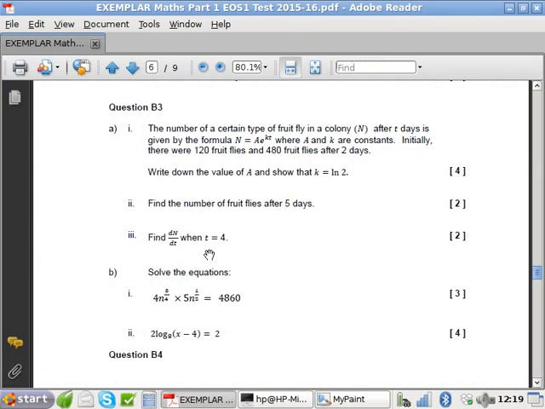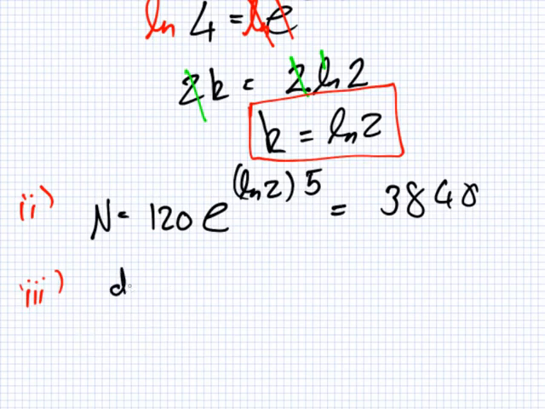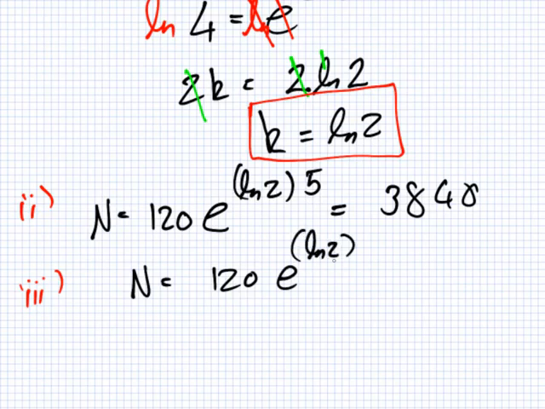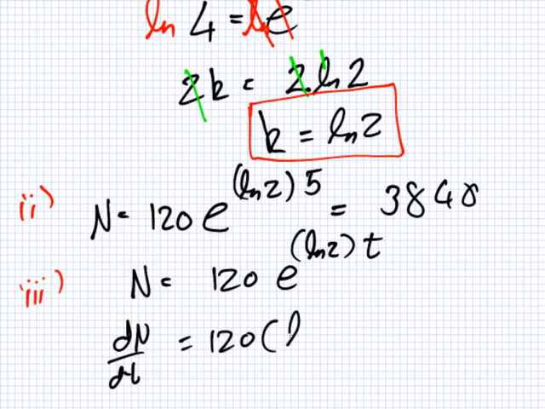Find the derivative when t is 4. So n equals A e^(kt). For the derivative, if you look up your rules, all you do is bring the k down in front. So that's 120 log 2 e^(log 2 t). But we know what t is: t is 4.